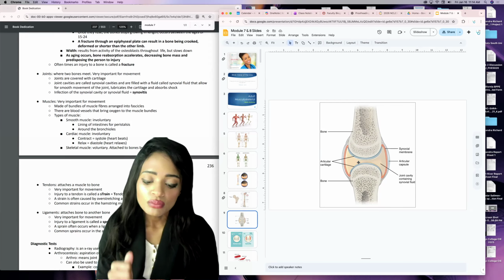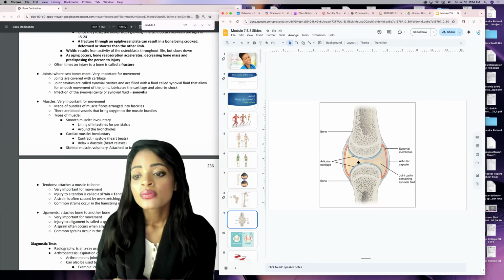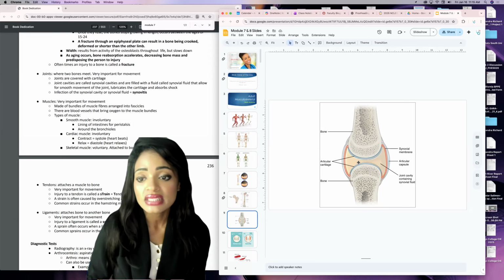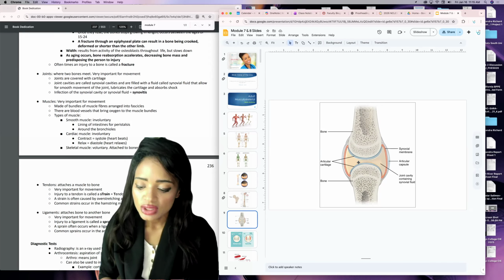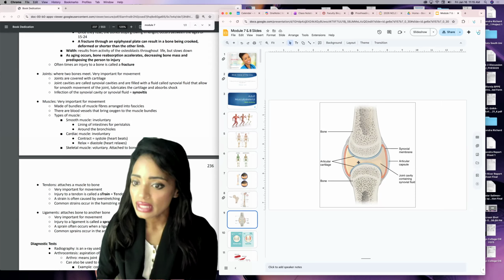And so when you move your bones at the level of a joint, you don't want bone rubbing against bone. That would be extremely painful, and it would make movement very difficult. But bones are able to function properly at the level of a joint because they're separated physically.